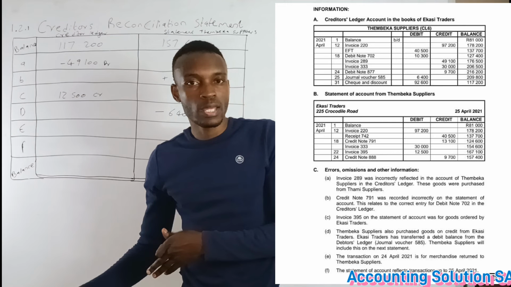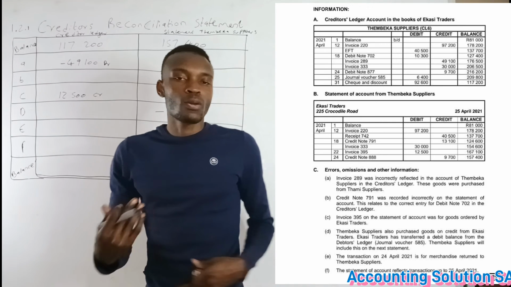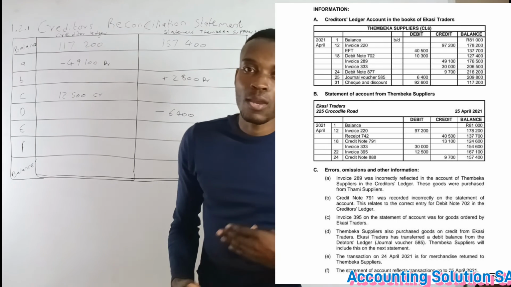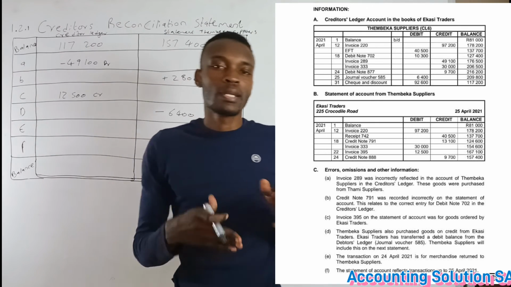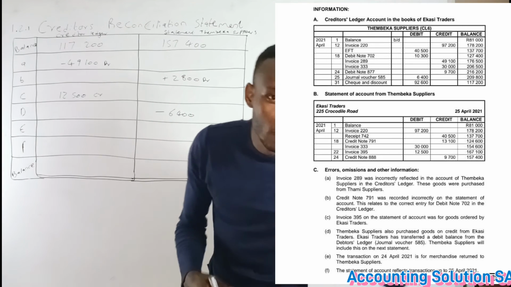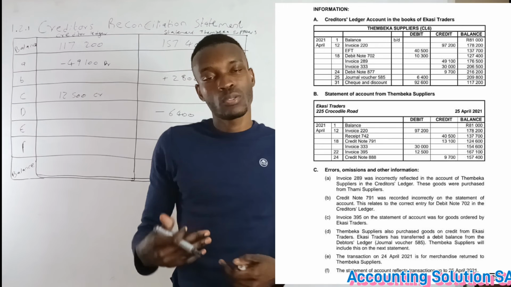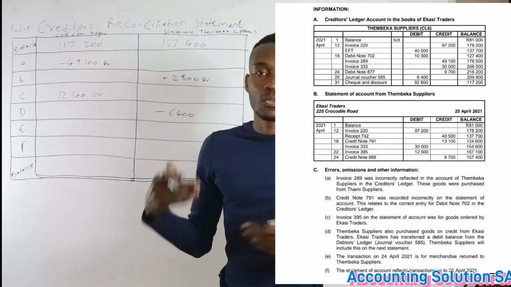If we debit this side, we have to credit the other side. So they did a mistake on the creditors ledger account or on our books by crediting, because our supplier already credited, which is correct, and we also credited, which is wrong, which means that we have to cancel and do the right thing.